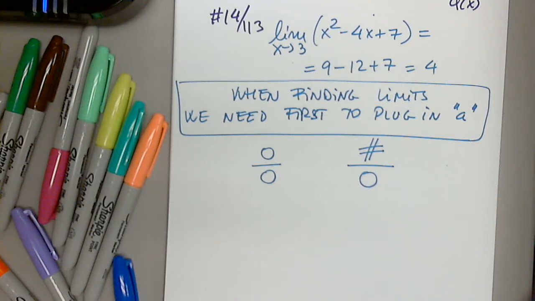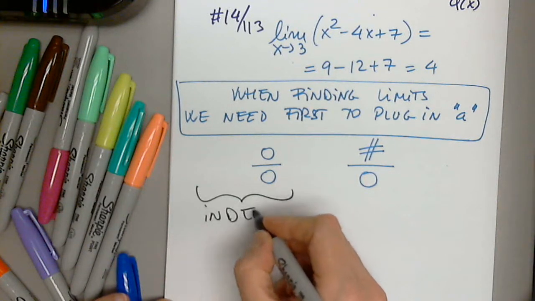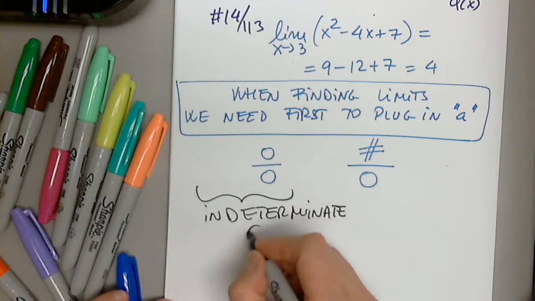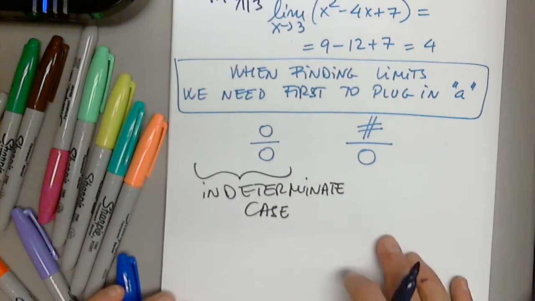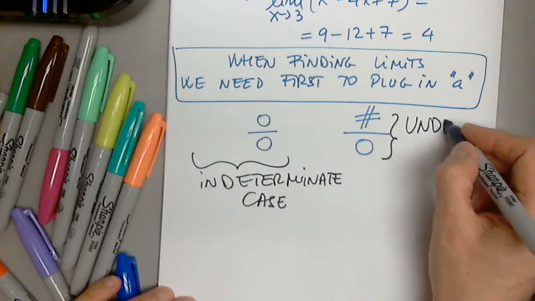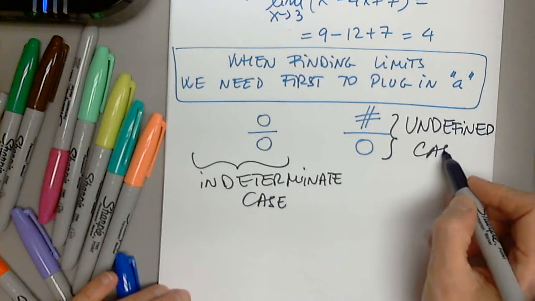When I plug it in, not with a polynomial, but with a rational or other types, potentially, I can have 0 over 0 or a number over 0. 0 over 0 is called indeterminate. Indeterminate case. How is this one called? Of course. This is an undefined case.